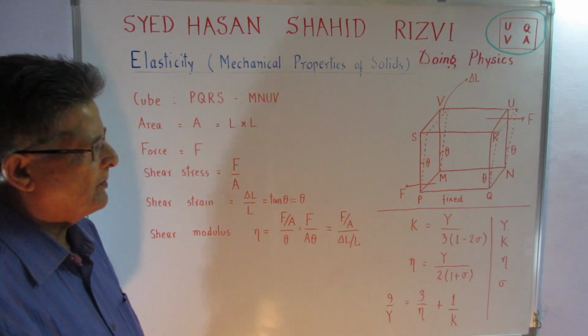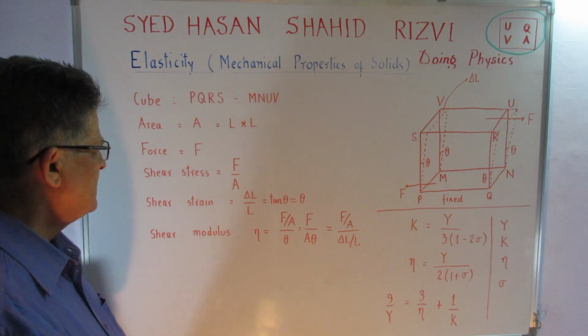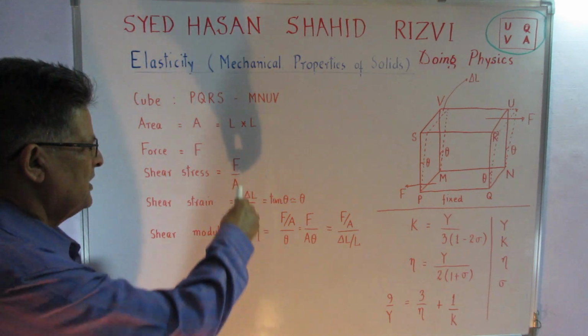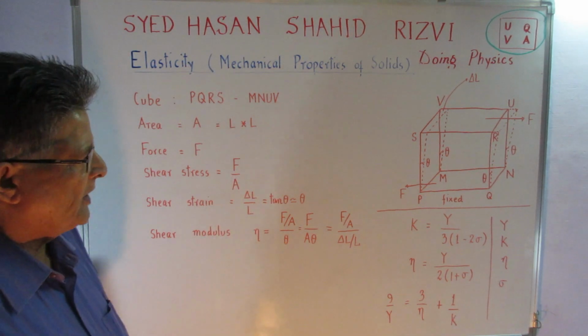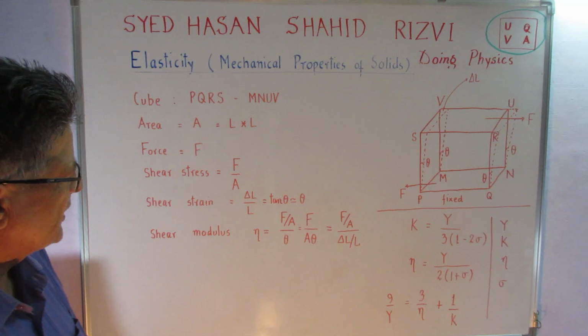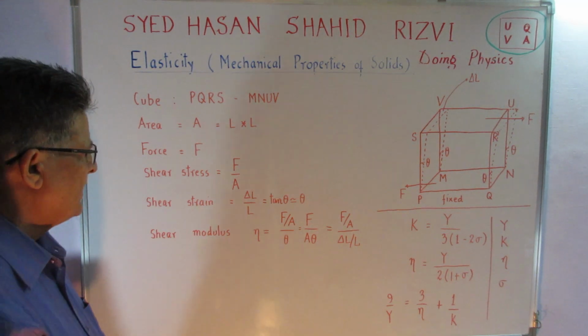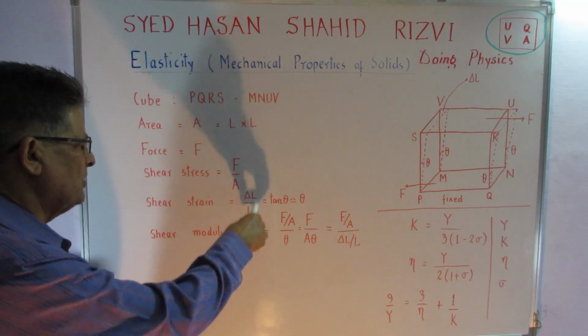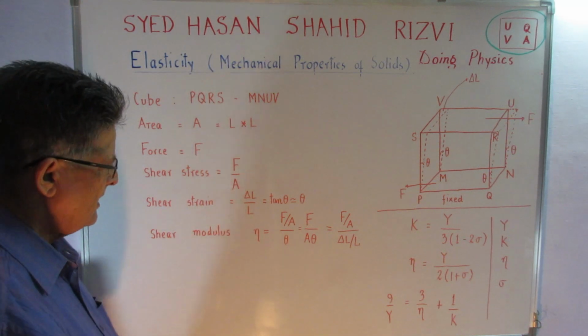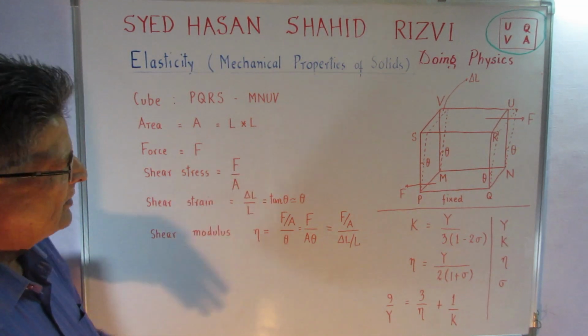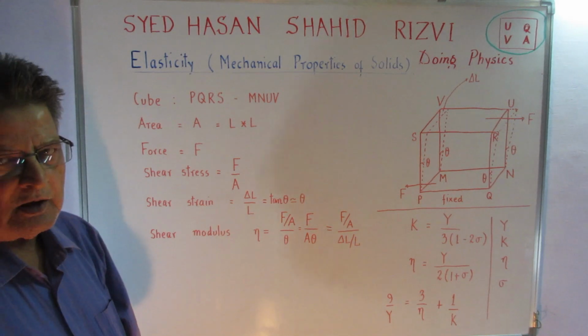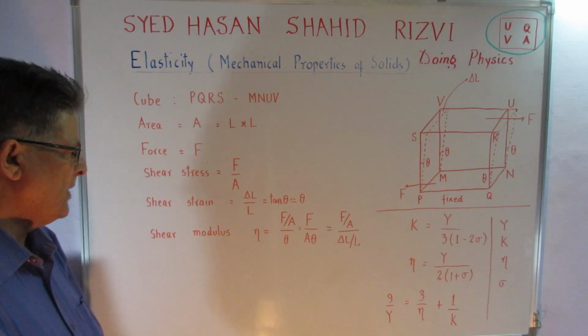The force applied is in newtons, and the shear stress is the force applied divided by the area to which the force has been applied. The shear strain turns out to be equal to delta L upon L, which is tan theta, which is approximately equal to theta because the deviation is not too much.